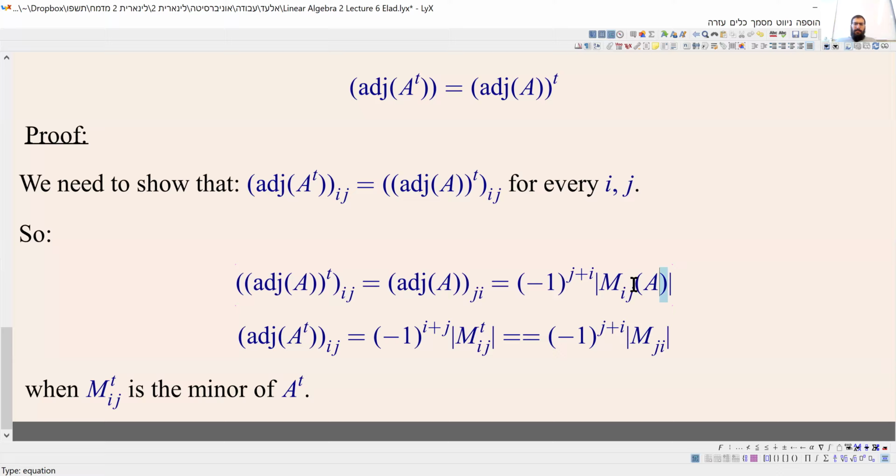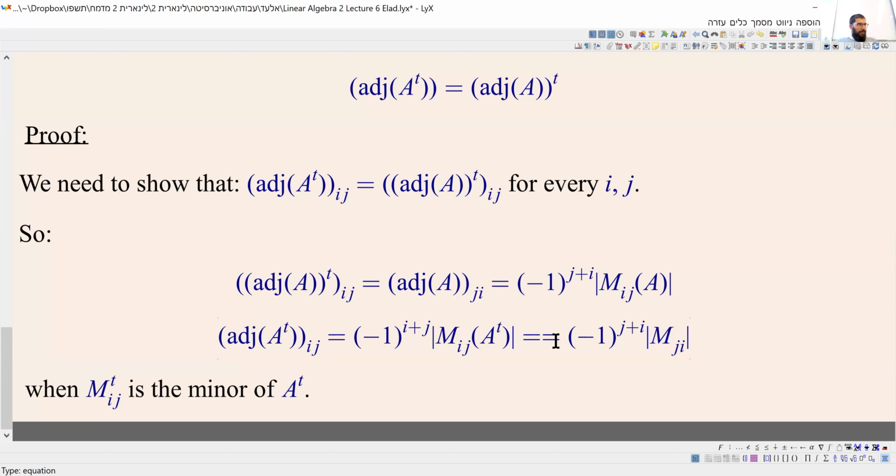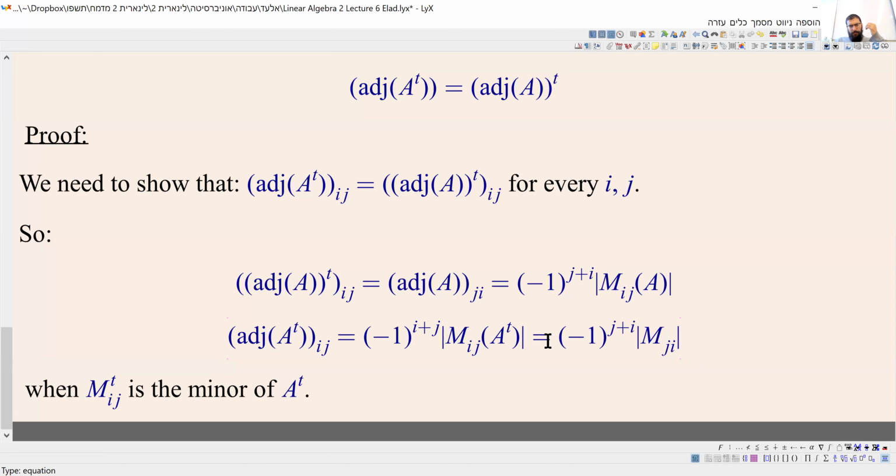Let's add A to say explicitly that it's the minor of A. So right now, instead of this T, we can say that it's the minor of A transpose, which is the transpose of the minor of A.